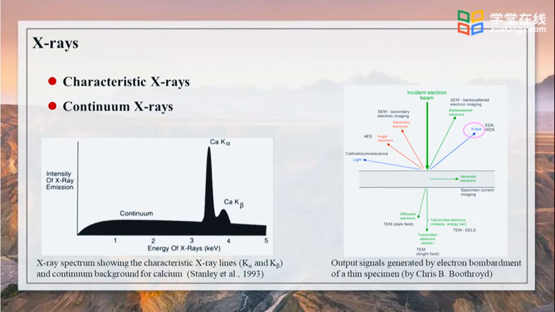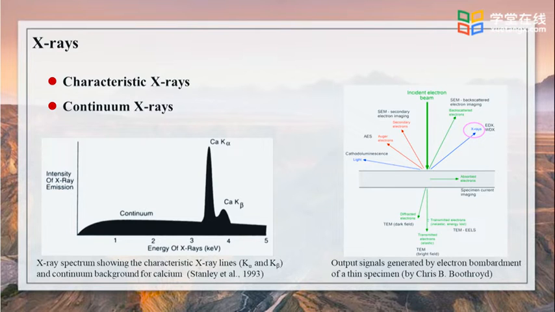X-rays are generated by inelastic scattering when the electron beam interacts with specimen atoms. Two basic types of X-rays are produced. One is the characteristic X-rays, which result when the primary electron ejects electrons from the inner shells of the specimen atoms. These are characteristic of the atom of the element.